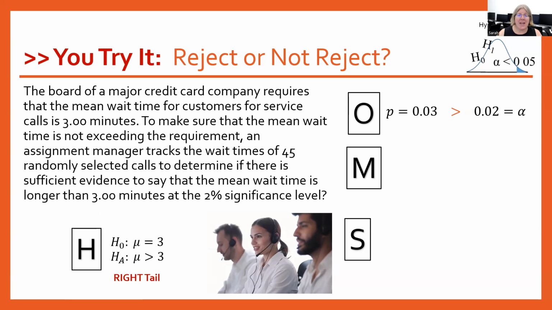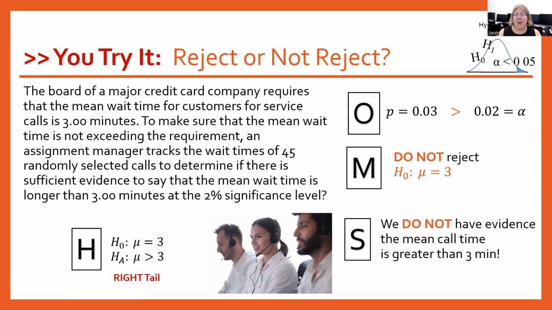So that gives us a right tail test. And this time the alpha or significance level was given to us in the problem. So notice that I switched alpha to be 0.02 for that 2%. Now, if we have a p-value of 3% versus the 2% alpha, p is bigger here. And so we do not reject our null hypothesis. So in context of this story, we do not have evidence the mean call time is greater than 3 minutes.